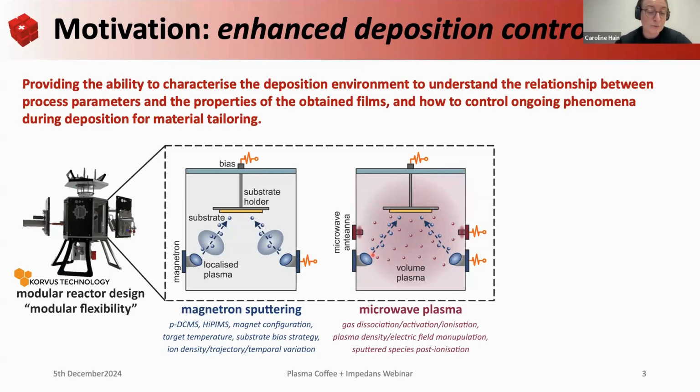For instance, our sputtered atomic species can be post-ionized in this microwave plasma, or we can introduce reactive gases. Then the microwave plasma acts as a source for exciting, ionizing, or dissociating reactive gases, so that we can get, in turn, a stoichiometric compound.